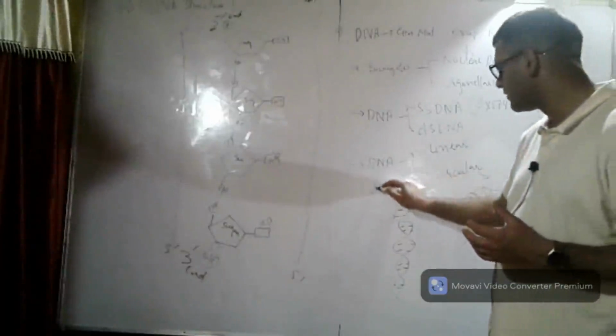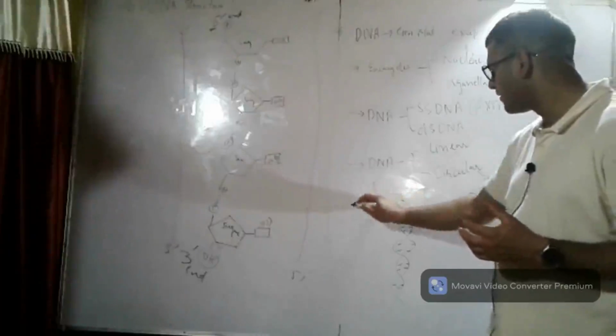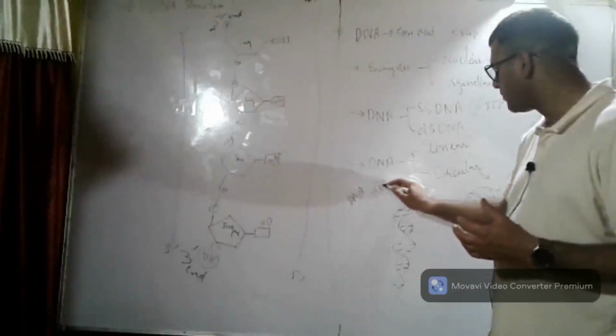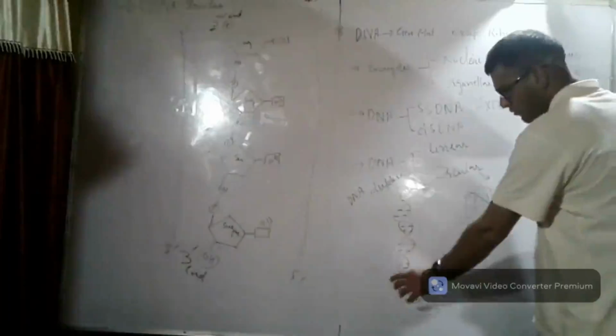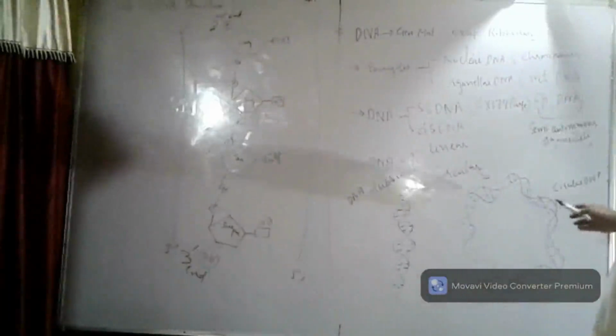Duplex means it has two strands; that is why it's sometimes called a DNA duplex. Where it is linear, it has free ends, and where it is circular, the two ends are covalently linked.